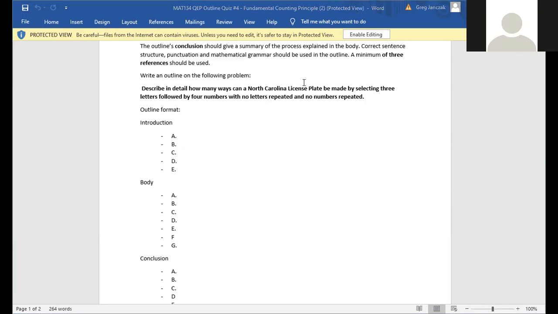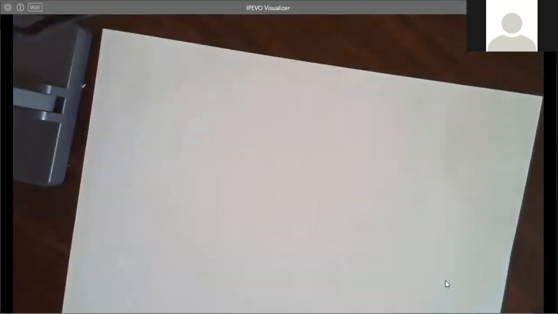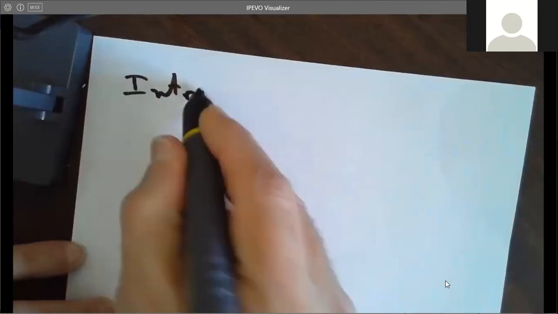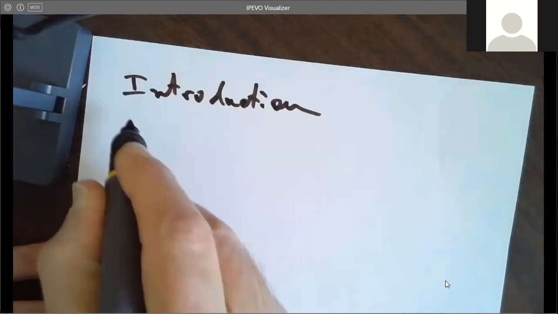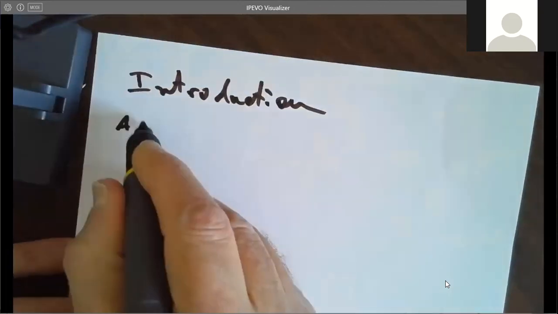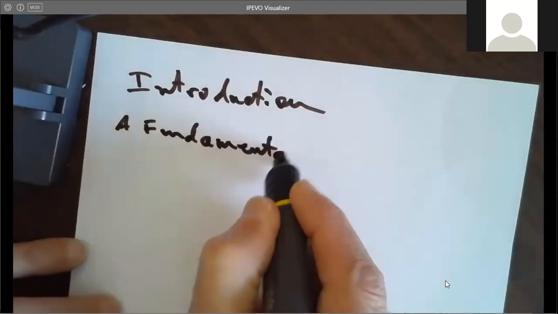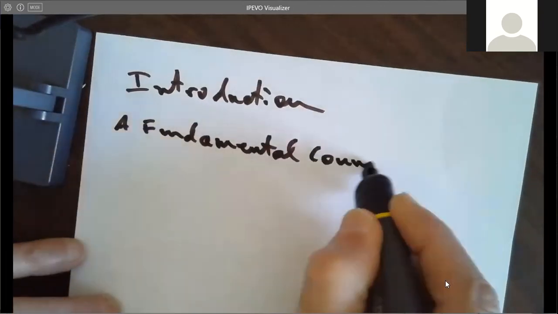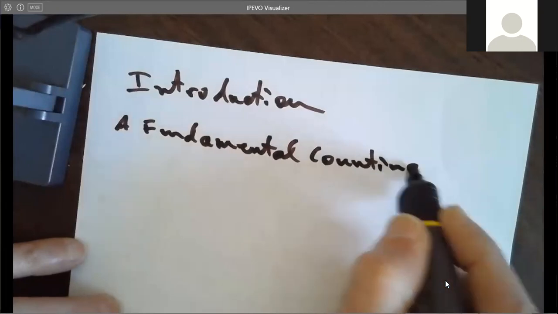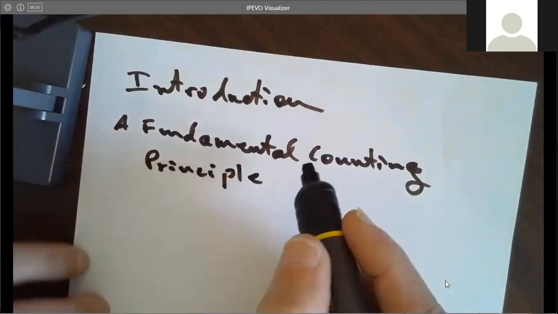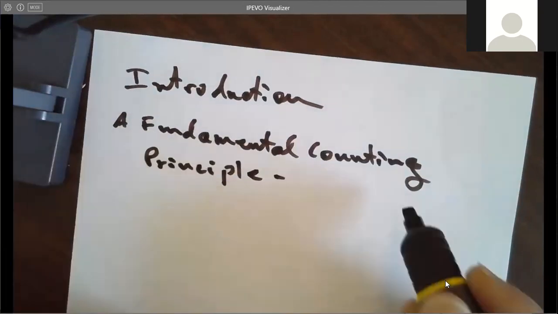So in the introduction, you could have the fundamental counting principle. Okay, and then define what that is.